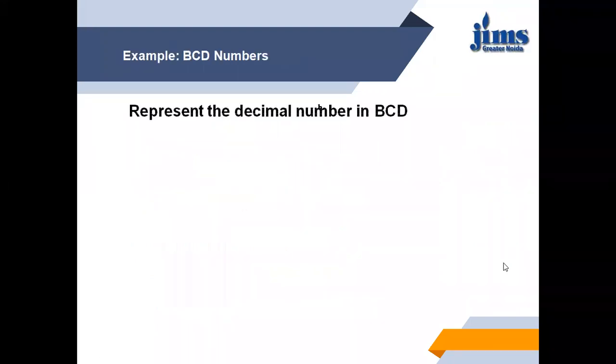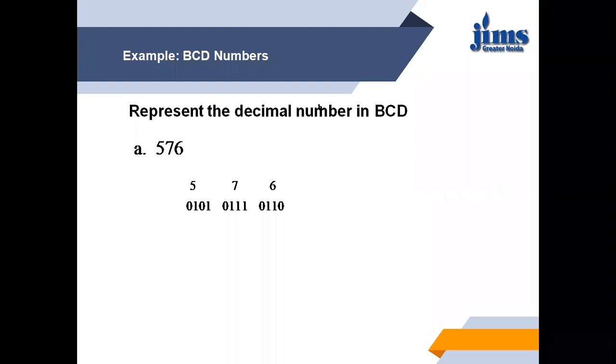So we write it directly without any space: 576 in BCD will be 0101 0111 0110, and that will be your BCD code. Fine? Are you getting it or not?